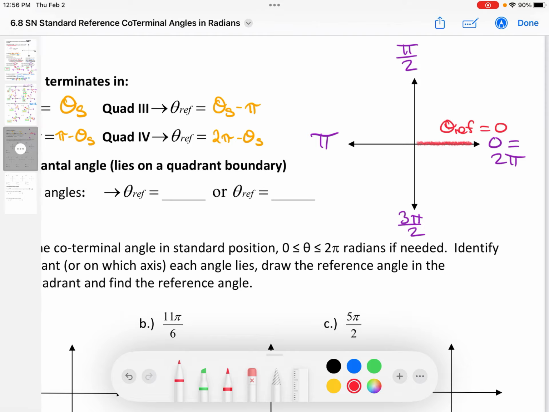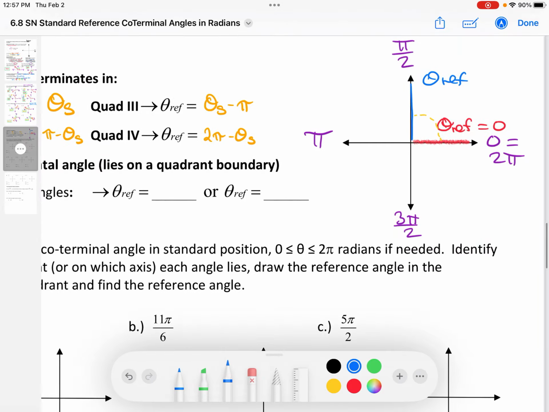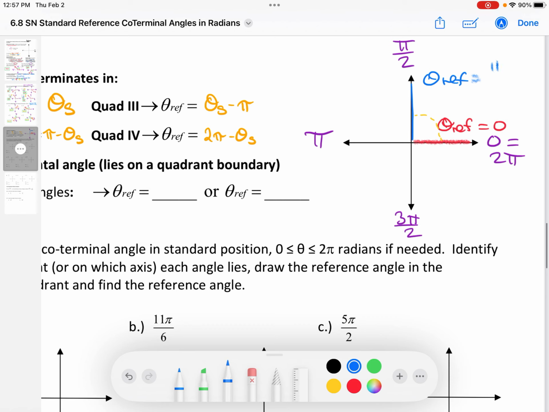Same thing in radians: 0 radians, that reference angle is 0. If we go to pi over 2, that reference angle to the x-axis is pi over 2.